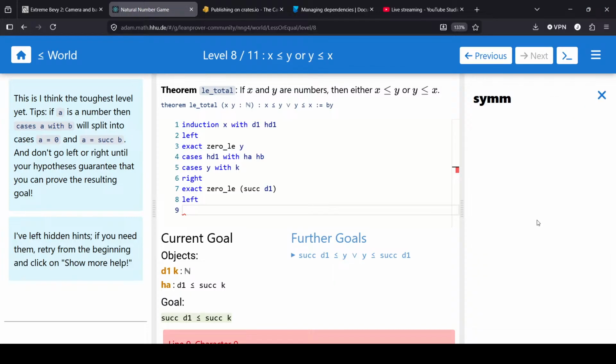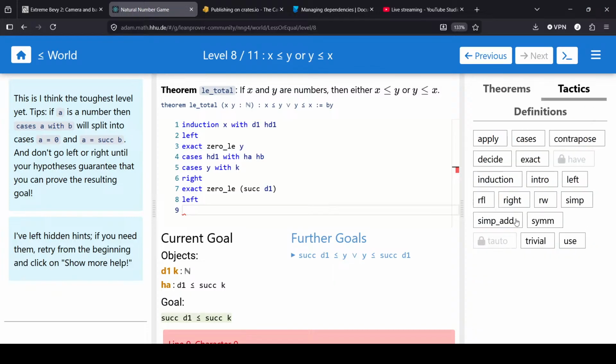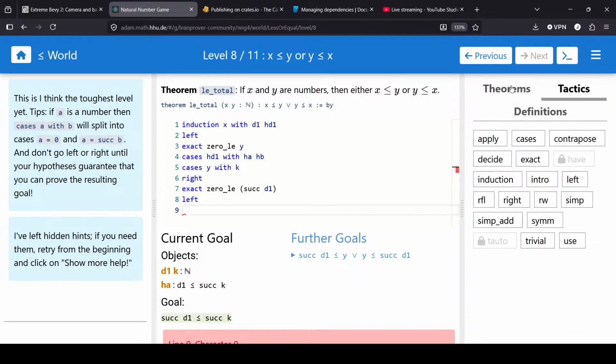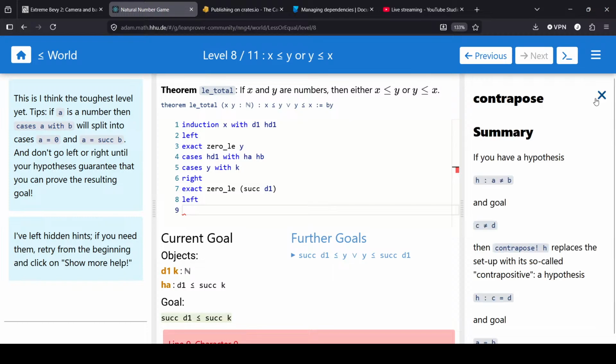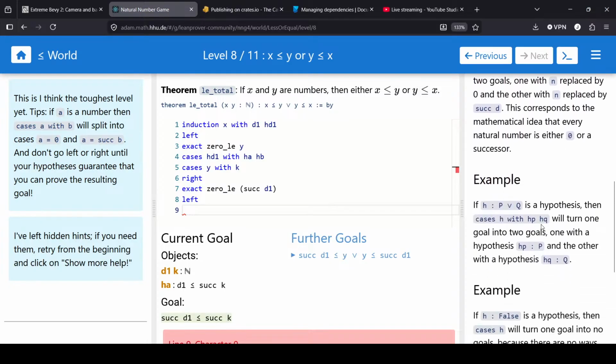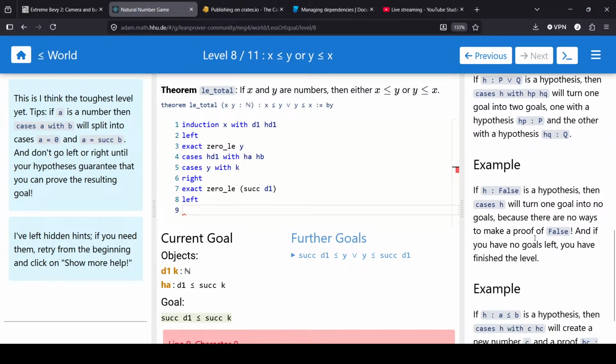symmetry? Is it? No, not. It's not symmetry. There was another one. There was a thing where if you applied the thing on the left and the right hand sides of the equality. Was it symmetry? No. Right, that just swaps the order. Wasn't you, was it? No, no, no. What is this?